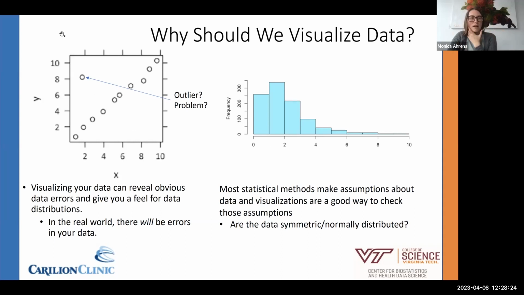In this simple example, X and Y are clearly very linearly related, but then there's this one point that's off. And so we would say, hey, this doesn't look right to us. Do you want to check to make sure there wasn't a clerical error? Do you want to check to make sure this is even biologically possible, etc.? And then we can resolve a lot of those issues just because we took a second to look and get our eyes on the data.